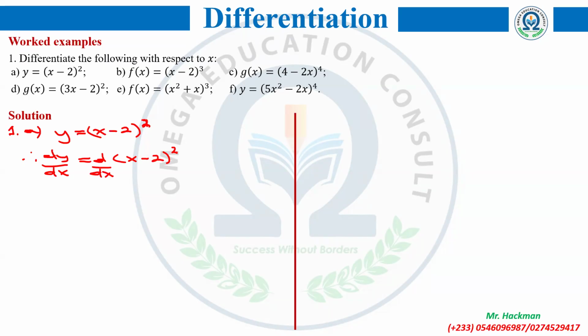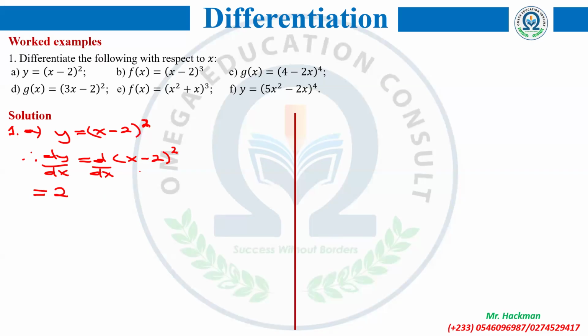That function is a binomial. Now remember, it is the composite function rule or the chain rule that should come to mind. Per that rule, I bring the power down, so 2 will come down.